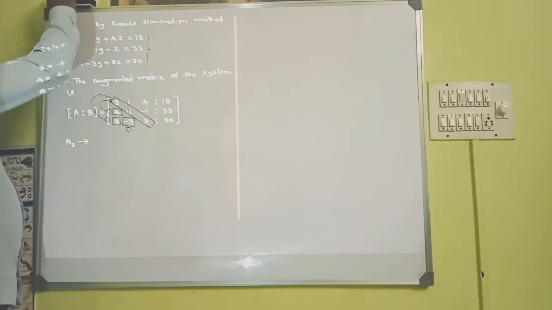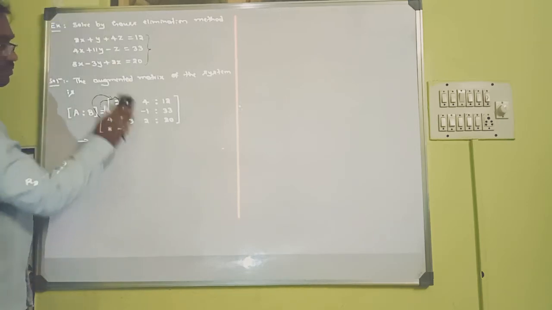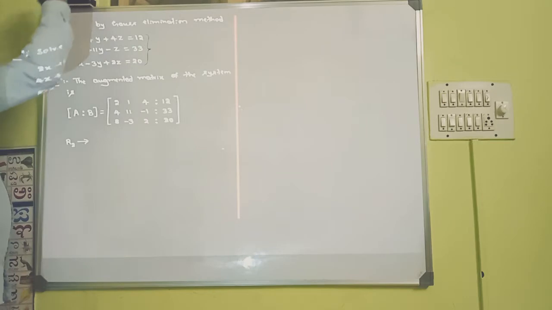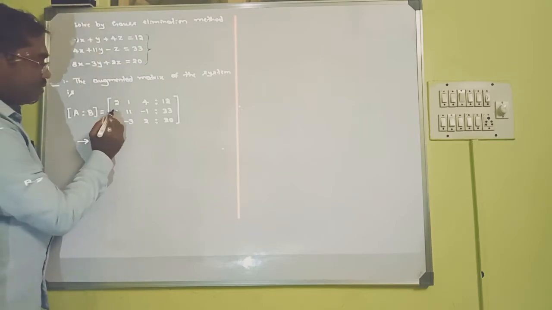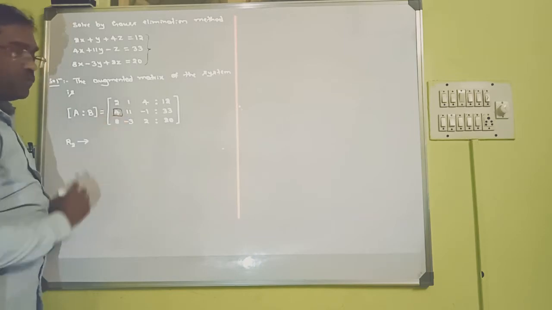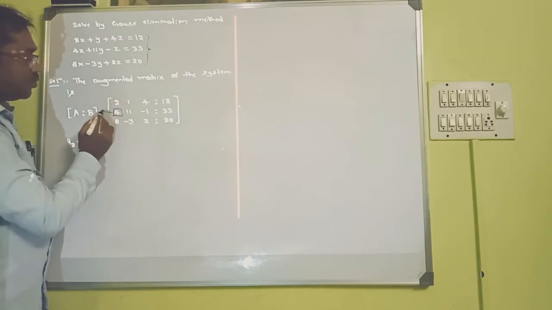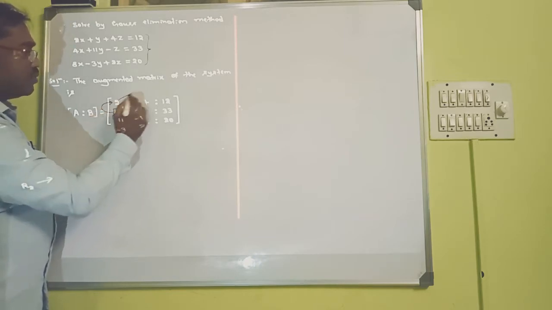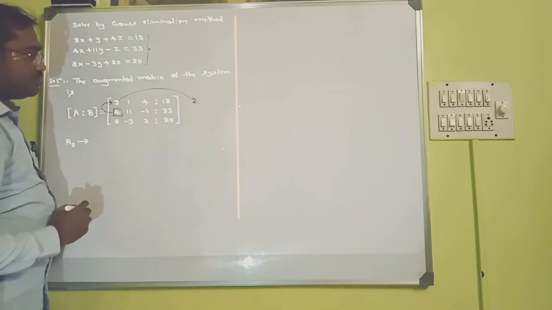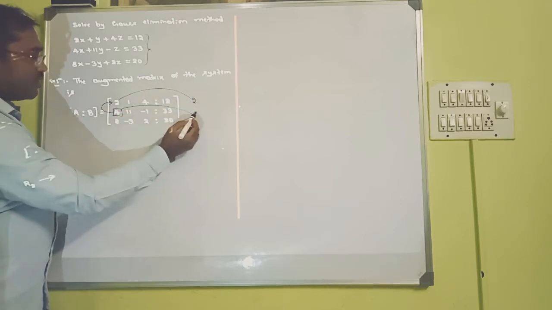So what do we need to do? Now we want this element 4 to be 0 with the help of this 2. So what we do? Take 2 here, take 4.